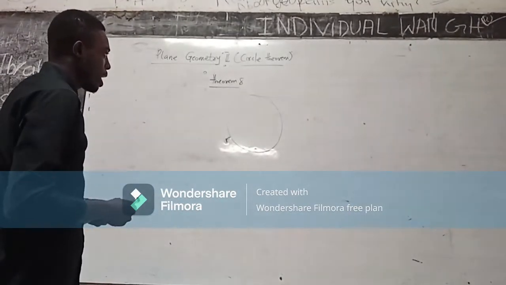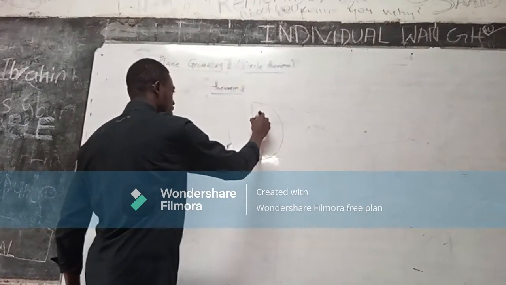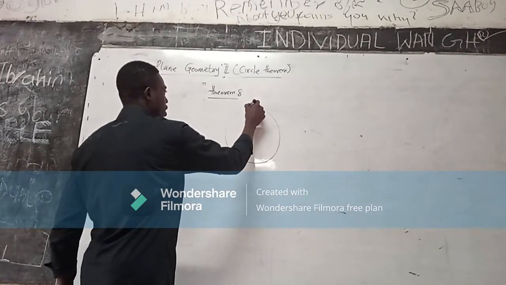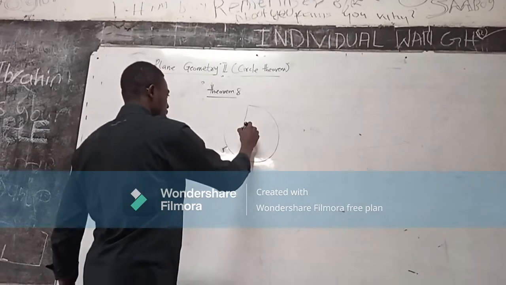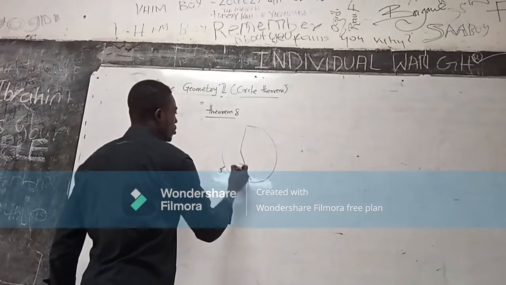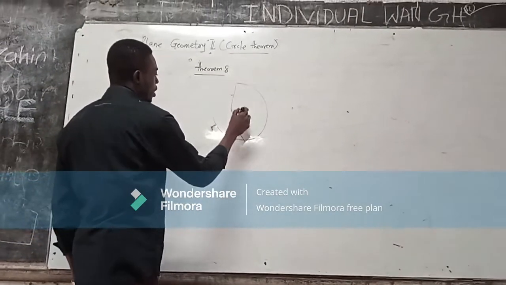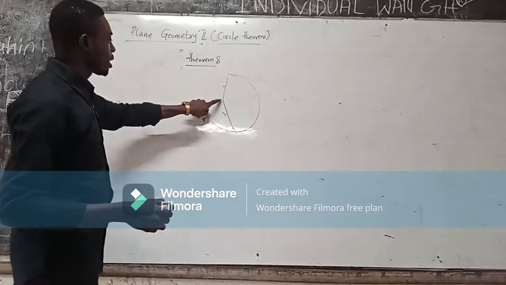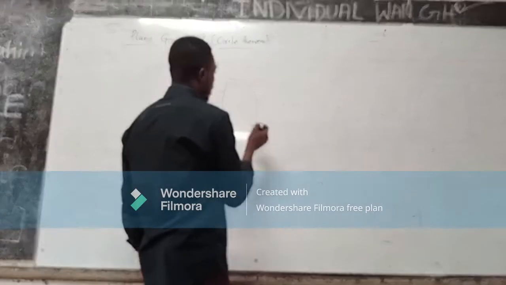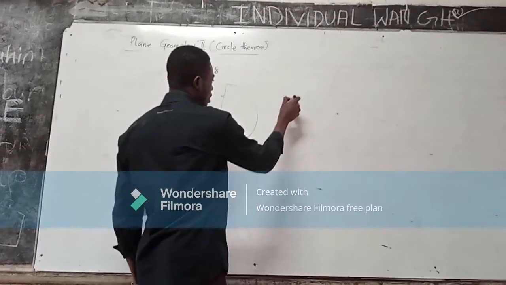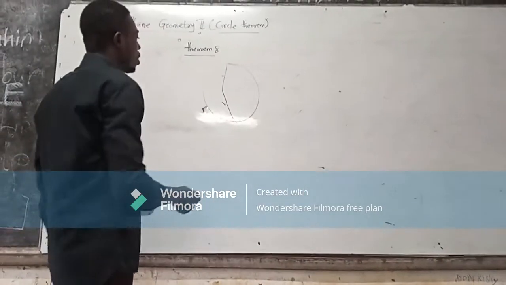So the rule is saying that if we have a line, here is the center, we have two radii here, one radius and another radius. Once they are all from the center to the circumference, it means that they are all the same. And because of that, these two lines are also the same.